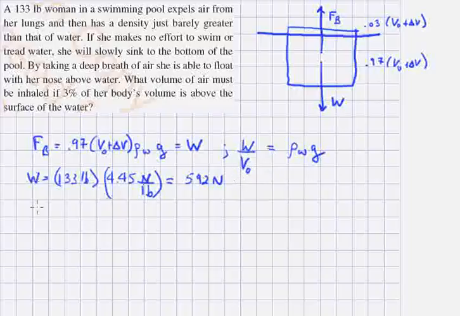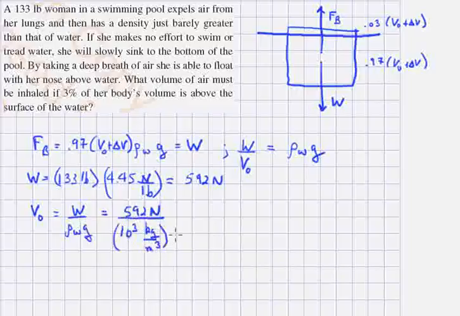V naught from the second equation is equal to her weight divided by the density of water times g. So that's 592 newtons divided by 1,000 kilograms per cubic meter, density of water, times the acceleration of gravity, 9.8 meters per second squared. And that turns out to be 6.04 times 10 to the minus 2 cubic meters.